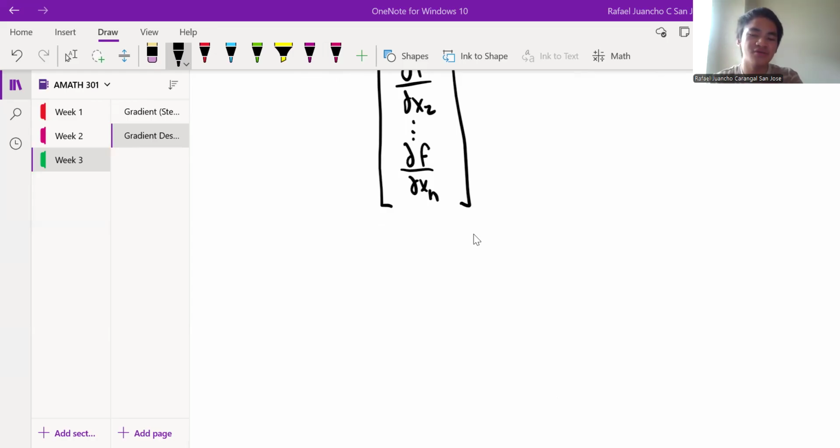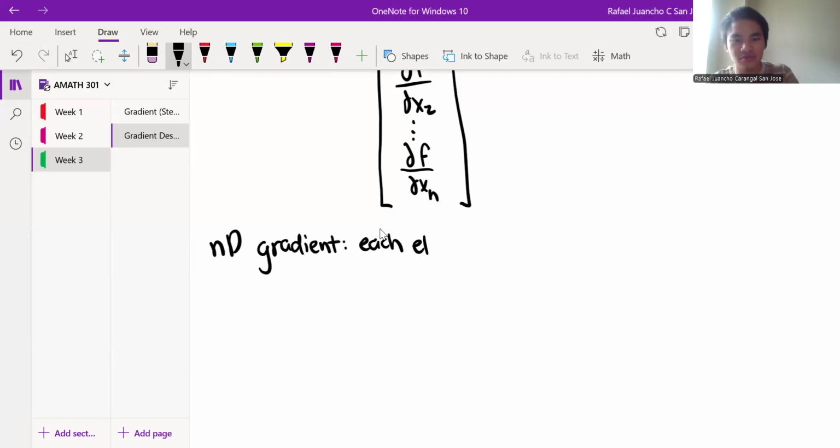So if we look at a 1D derivative, well, it's just the instantaneous change of a function. But if we look at an ND gradient, we don't know how many dimensions it is. So this is basically looking at each element, and each of those elements shows instantaneous change.